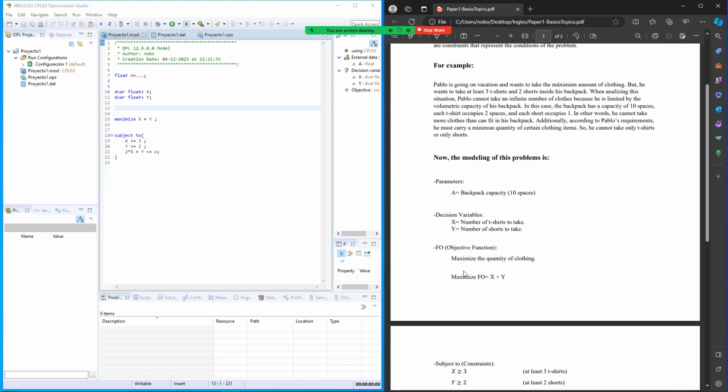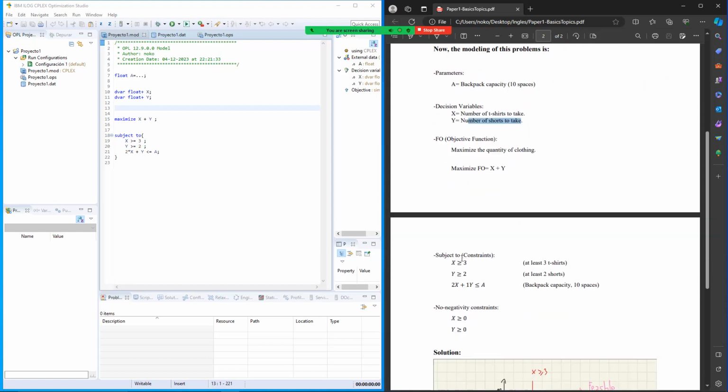The objective function will be: maximize Z, and it is x plus y, the number of t-shirts plus the number of shorts.